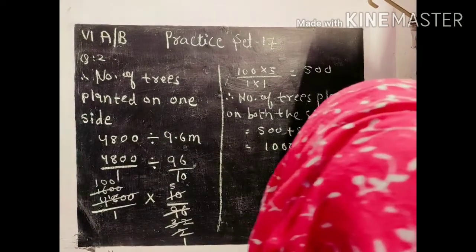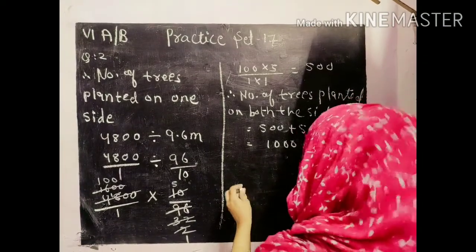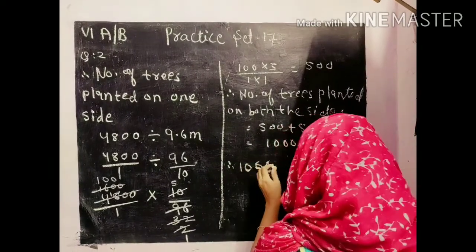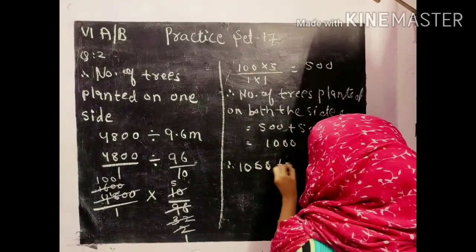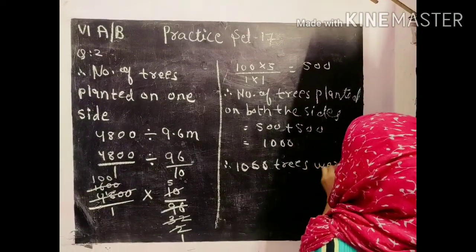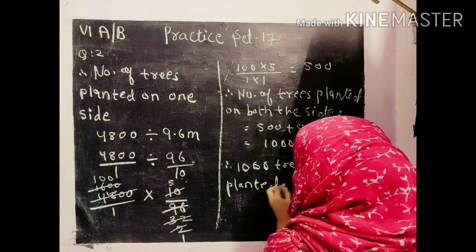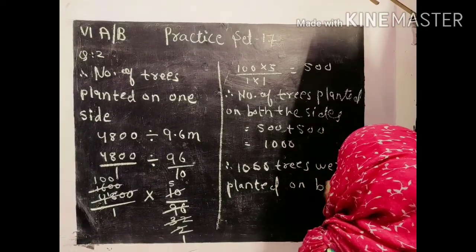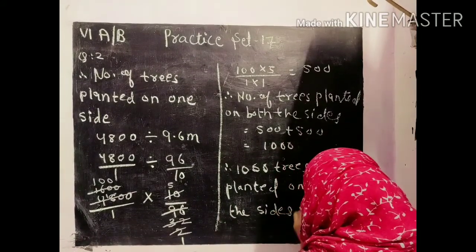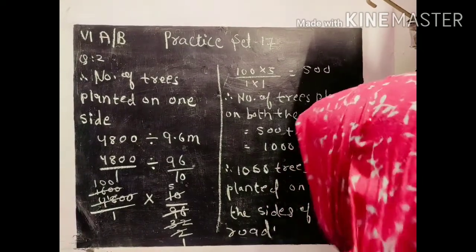So on both sides how many trees were planted? 1000 trees. So you will write the answer: 1000 trees were planted on both the sides of the road.